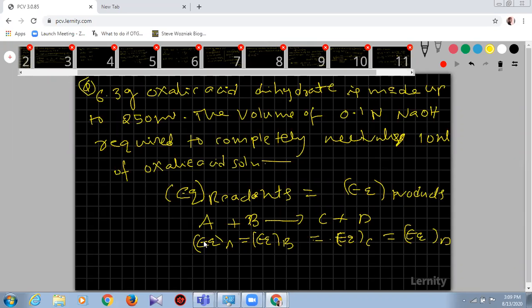Suppose you take 10 equivalents of A, and here also it requires 10 equivalents. Then 10 equivalents of products, 10 equivalents of D also will be obtained.